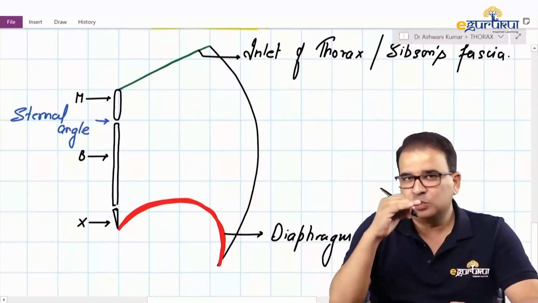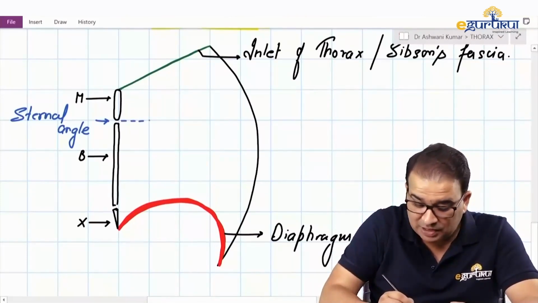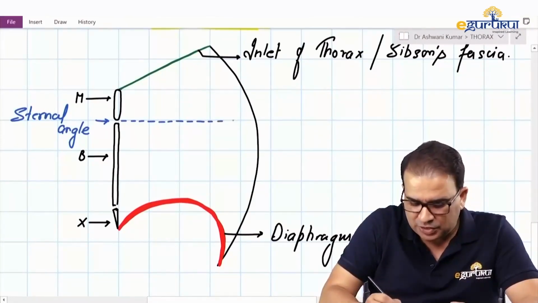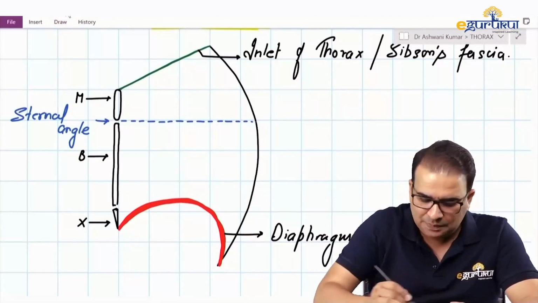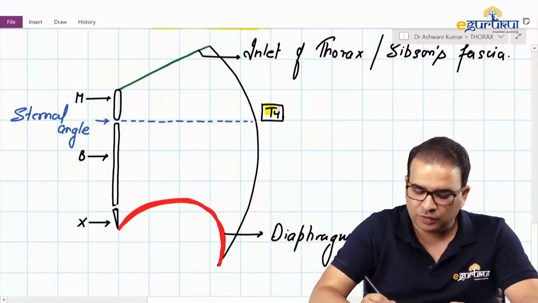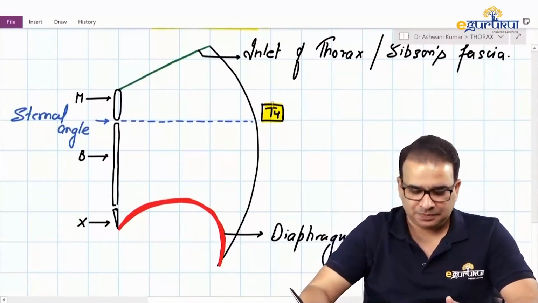The point is, if you draw a horizontal imaginary line from the sternal angle and stretch it posteriorly, you will see it passing along the lower border of the fourth thoracic vertebrae. So that's the lower border of T4, and that is the exact level of the sternal angle if you see it.